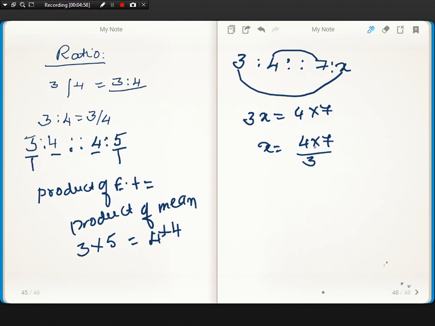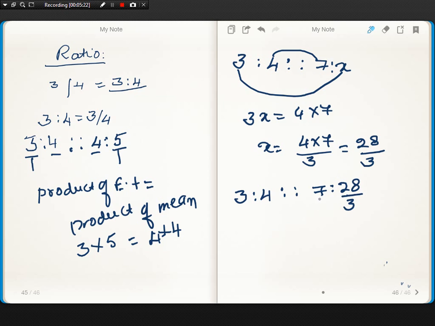This is the total value you are finding: 28 by 3. Suppose 28 by 3 is the result you are getting. When you substitute this here, the proportion goes like this: 3 is to 4 and 7 is to 28 by 3.